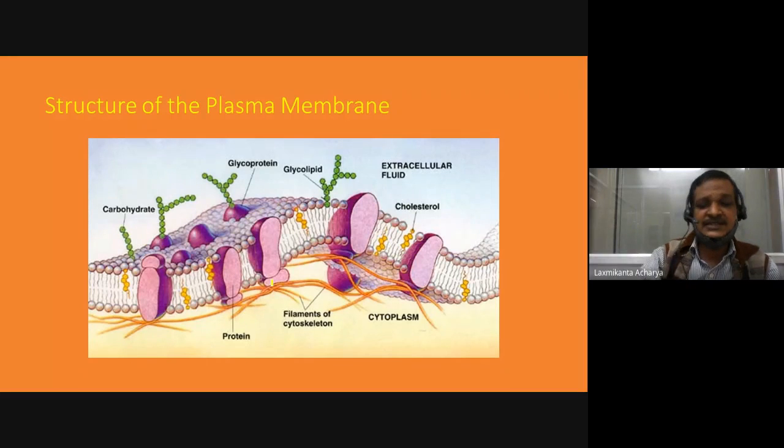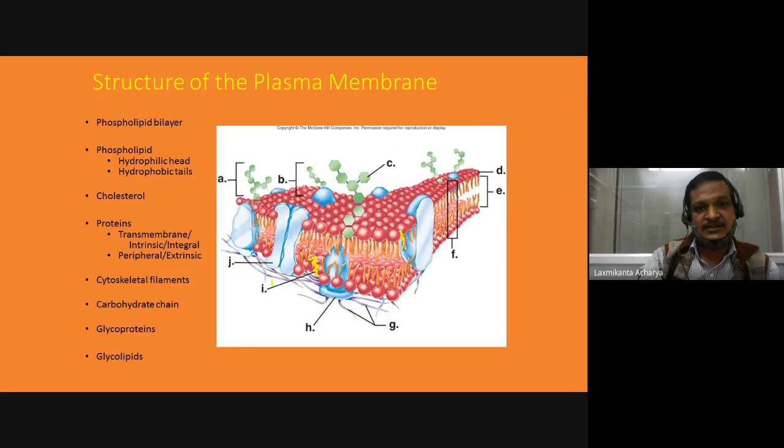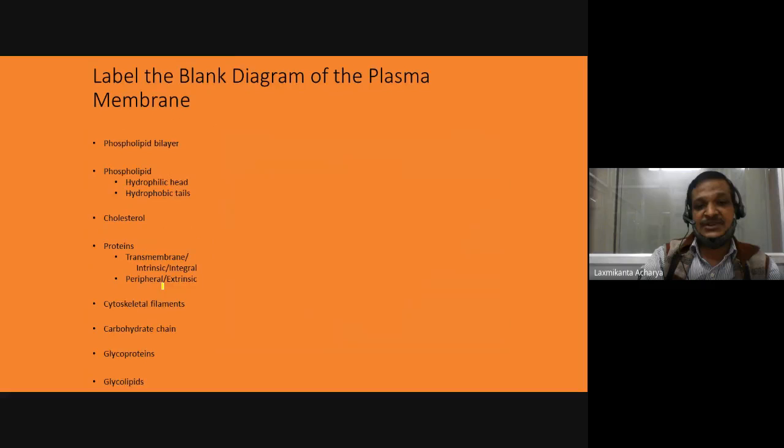So these things constitute your plasma membrane: the phospholipid bilayer with hydrophilic head and hydrophobic tail, cholesterol, transmembrane intrinsic integral proteins, extrinsic or peripheral proteins, cytoskeletal filaments, carbohydrate chains, glycoproteins, and glycolipids. All these things are there in a plasma membrane, okay.